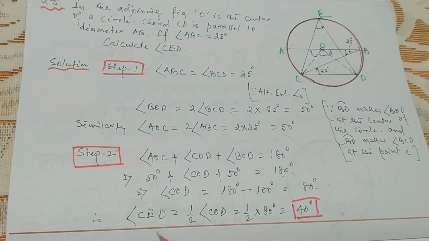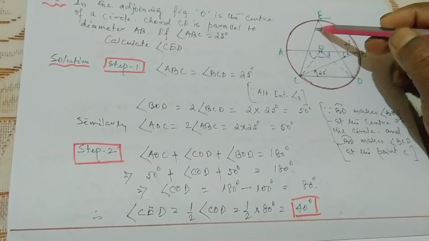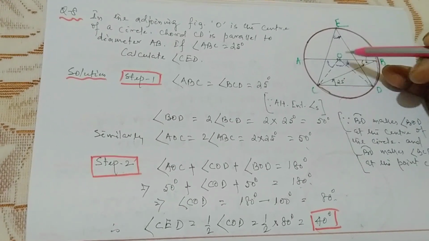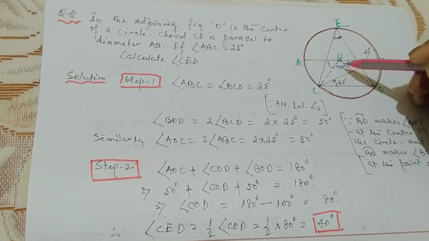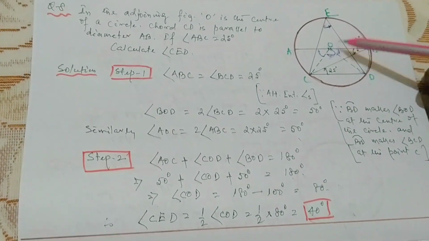Therefore angle CED is equal to half angle COD, half of this angle COD, that is equal to 40 degree. Why?